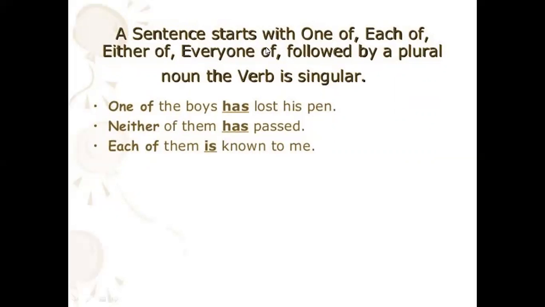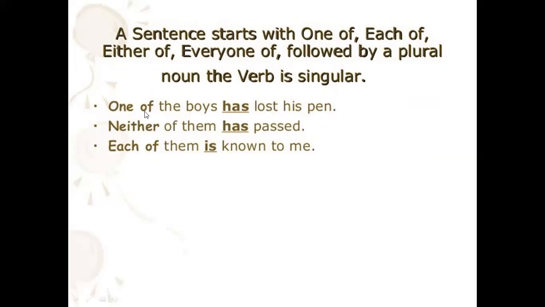When a sentence starts with one of, each of, either of, everyone of, followed by a plural noun, the verb is singular. For example, one of the boys has lost his pen.